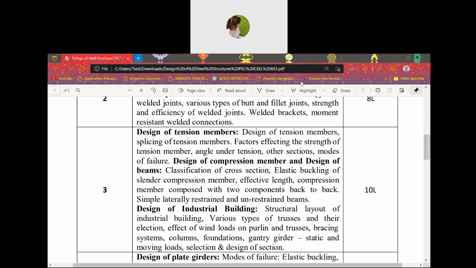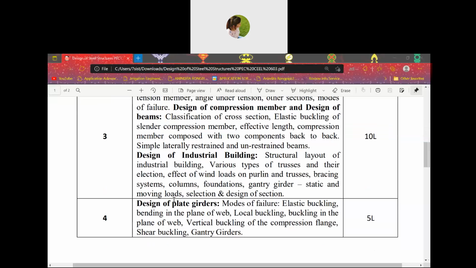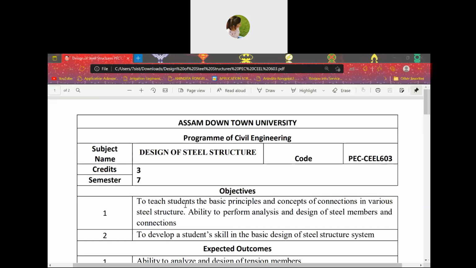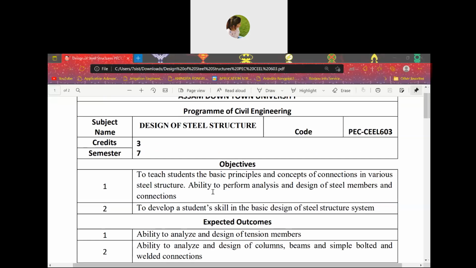I want you to give your attendance in the chat box, and also I want you to write your first assignment, a weekly assignment. As in our previous semester, I think you all know the procedure of how I take the assignments.